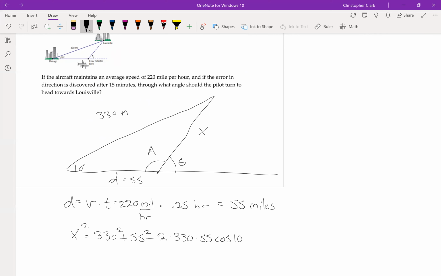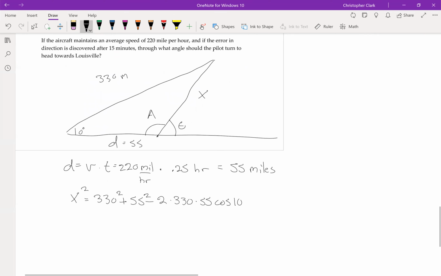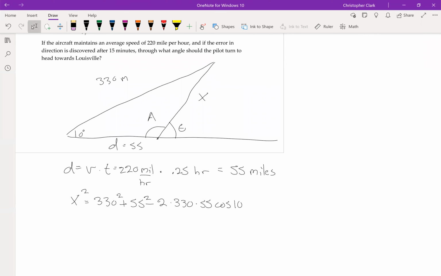Now, the reason that we did this is because this gives us our 3 sides, right? And now that we have our 3 sides, we can solve for this A here, and then we can find theta by 180 minus A. So if we do that, you get that X is equal to about 276 miles.